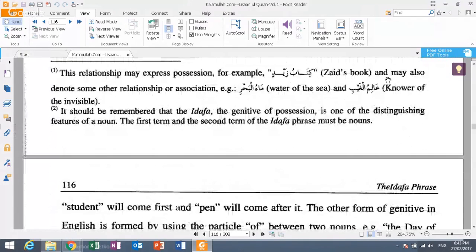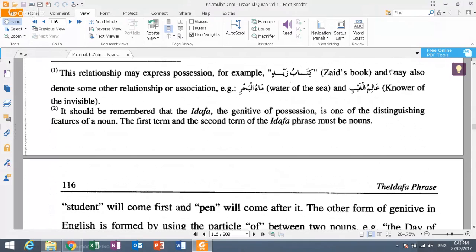If there is no alif lam in mudaf ilayh, then mudaf ilayh can be nakira, can be marifa. Mudaf ilayh can be nakira or can be marifa. So it depends.